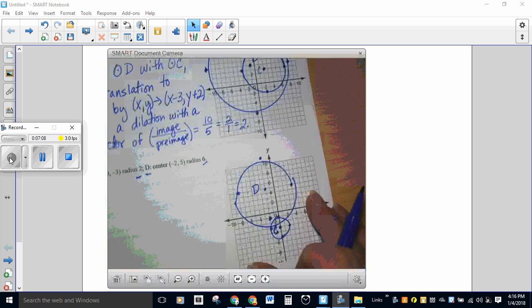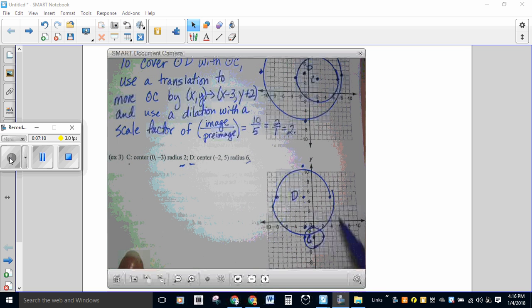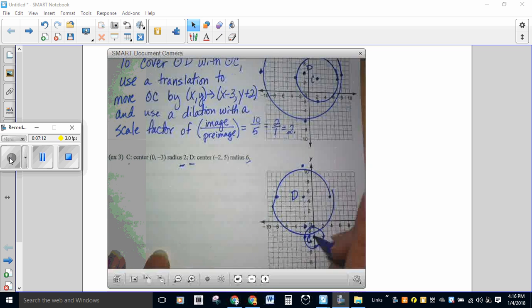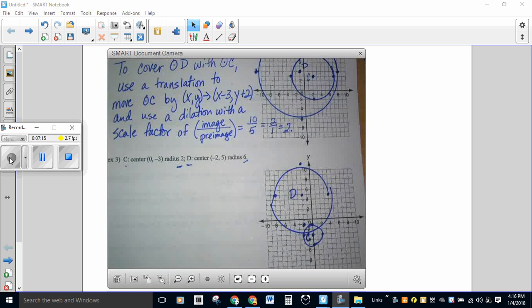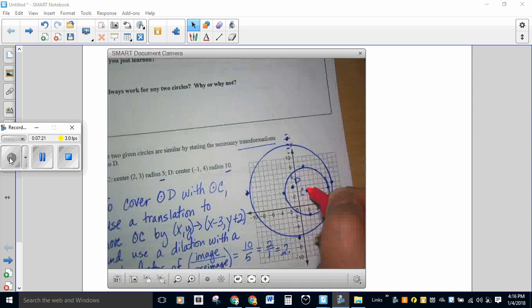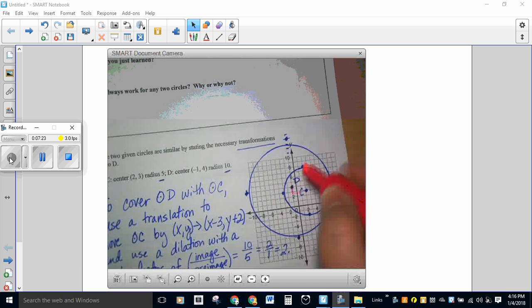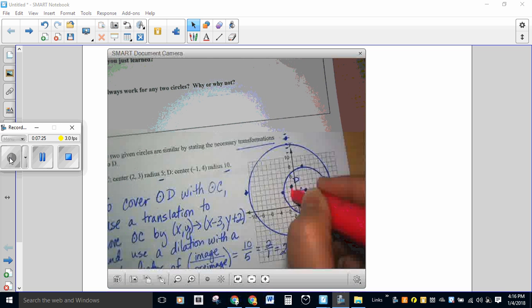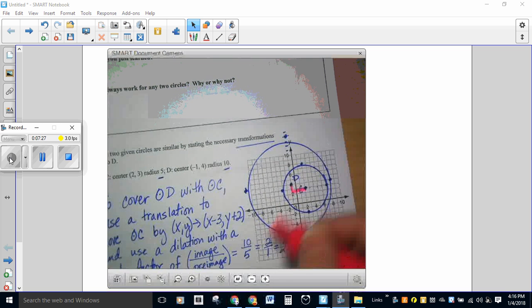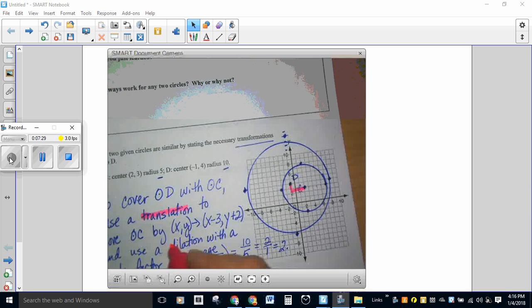So then we say, how am I going to get from circle C to circle D? Just like we did on the previous problem, we did our translation, then we did our dilation. So we're going to do the same thing here.